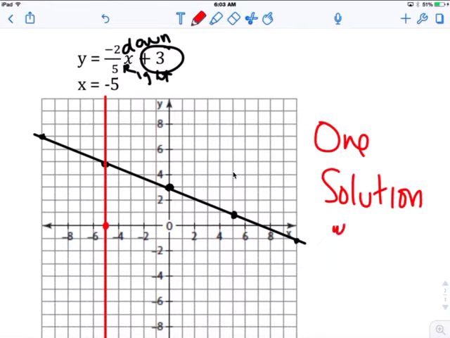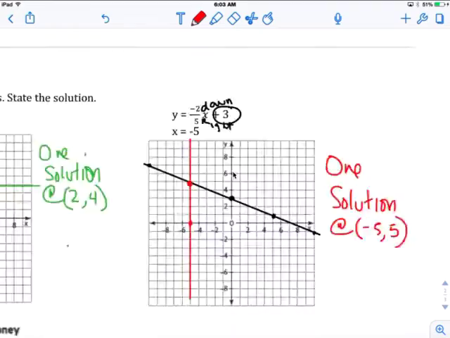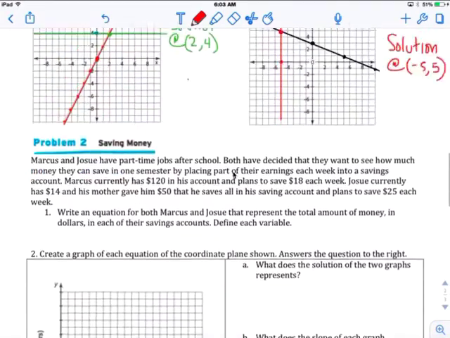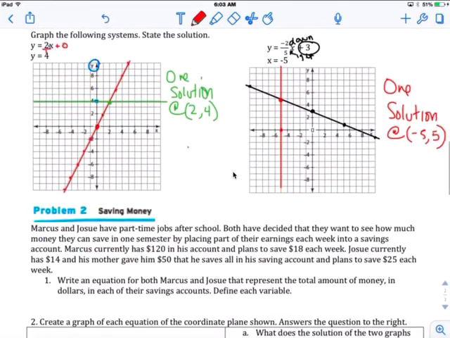One solution means one answer. And that answer, it meets at -5, 5. Okay, I'll post this and then I'll show the next video.